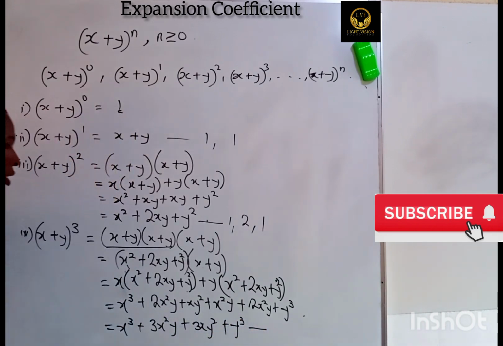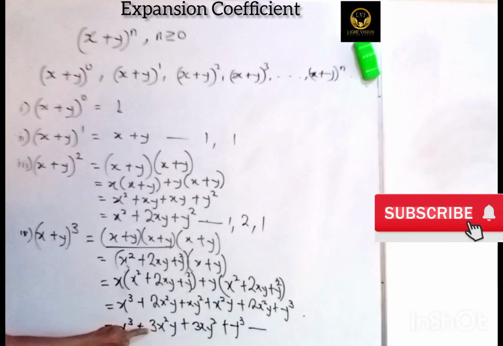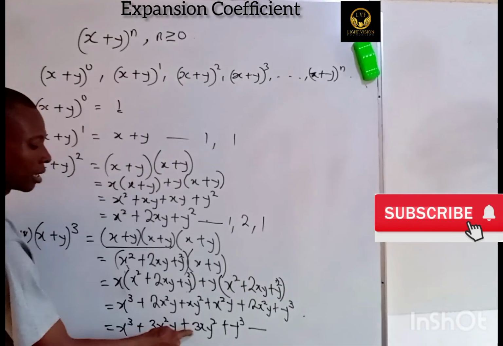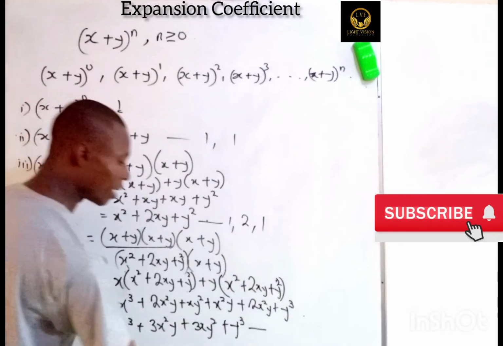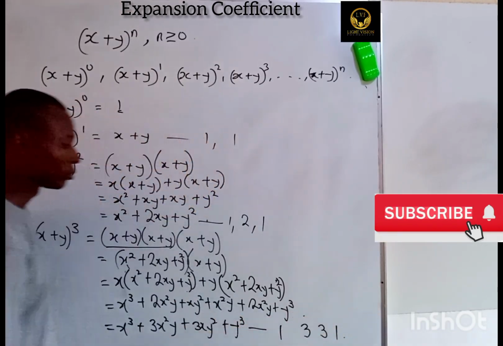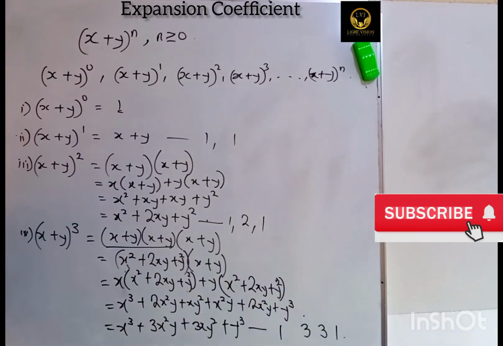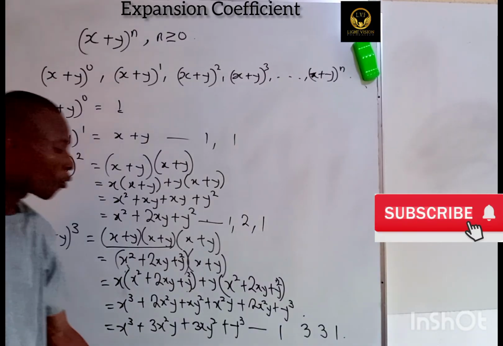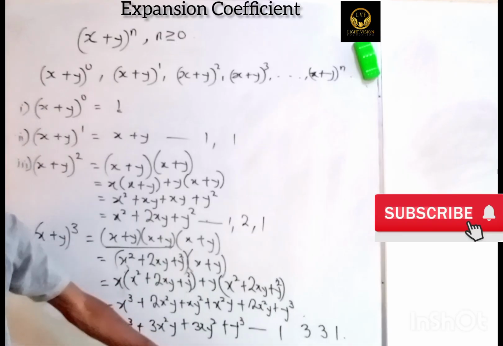Now if you focus on the coefficient again, that of x cubed is 1, x squared y is 3, xy squared is 3, y cubed is 1. So we have this as 1, 3, 3, 1. So in this class we are focusing on the coefficients of the expansion.